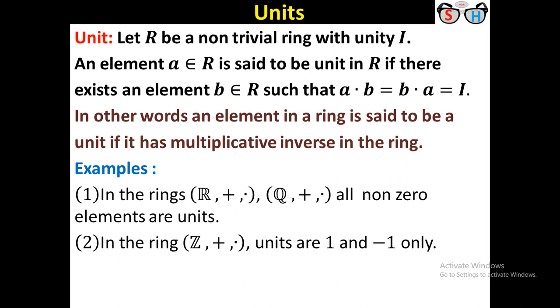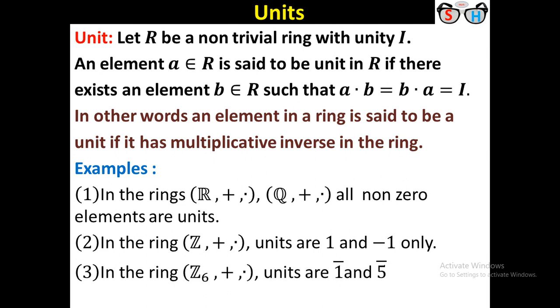In another example, in the ring Z6 plus dot, that is integers modulo 6, the units are only 1 bar and 5 bar, because the elements in Z6 are 0 bar, 1 bar, 2 bar, 3 bar, 4 bar, 5 bar. 0 bar has no multiplicative inverse, you know that. 1 bar is the unity and 1 bar has a self multiplicative inverse, so 1 bar is a unit.